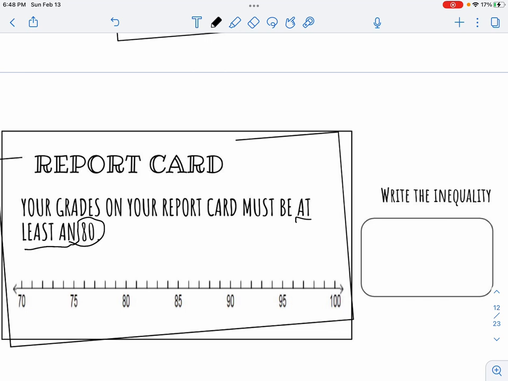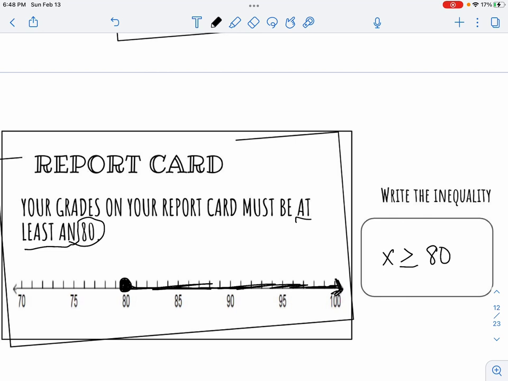So you can put a closed circle on 80. So they want your grades to be at least an 80. That means 80 or more, and you would shade it this way because it's going greater. So that means x would be greater than or equal to 80.